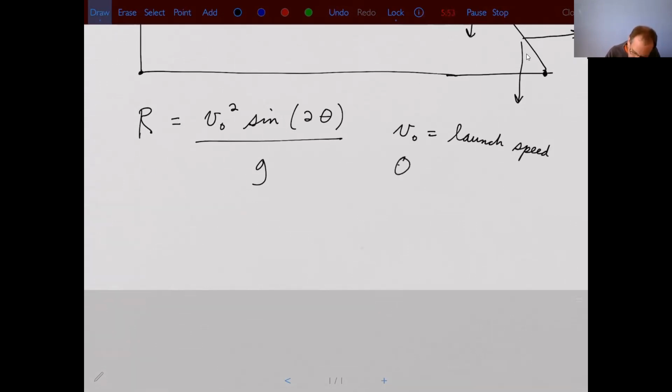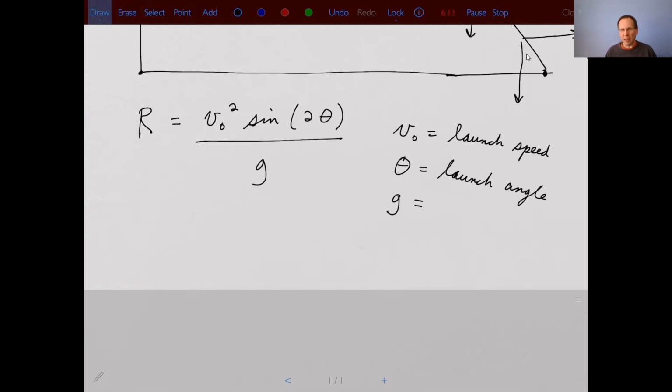Theta is the launch angle. So launch angle. And then g, of course, is the acceleration due to gravity.